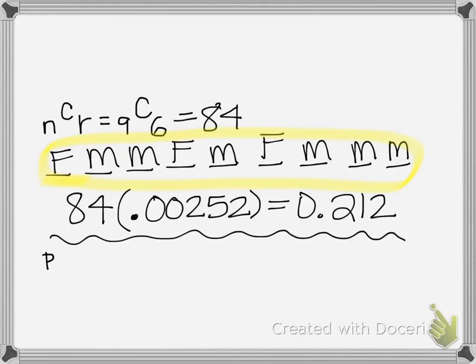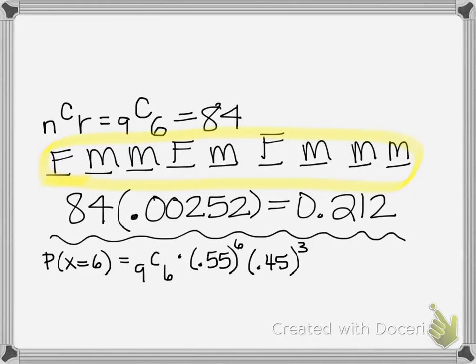What I just did was find the probability of getting exactly 6 males. I did my 9 choose 6, and then I multiplied that by the probability of a success. In this case, we're calling choosing a male wolf a success because that's what we're looking for, to the 6th power, and then multiplying that by 0.45 to the 3rd power, because if I had 6 males, I have 3 females.